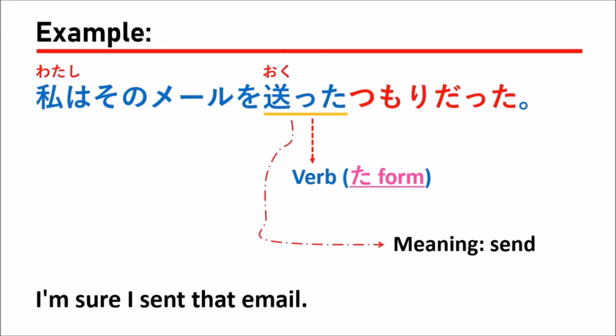When you talk with another party about sending email to each other, maybe sometimes the other party wants to say, you didn't send the email to me. But when you want to confirm and you are sure that you already did it, in a case like this you can say okutta tsumoridatta, which means you already sent the email.